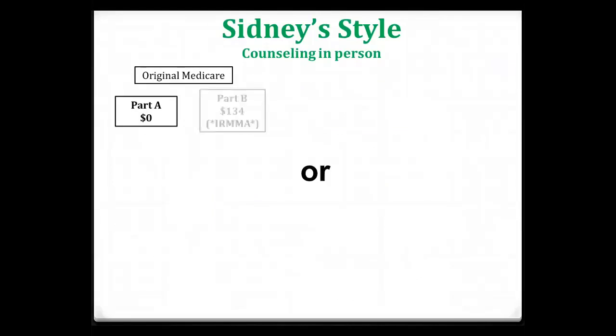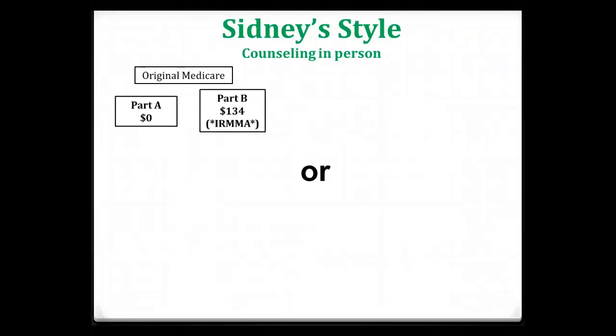Then I tell them their medical insurance, Medicare Part B, the premium in 2018 is $134. Now, we also have to ask the question for IRMAA, the Income-Related Monthly Adjustment Amount. That's what IRMAA stands for. I just didn't have enough space to type it all out.